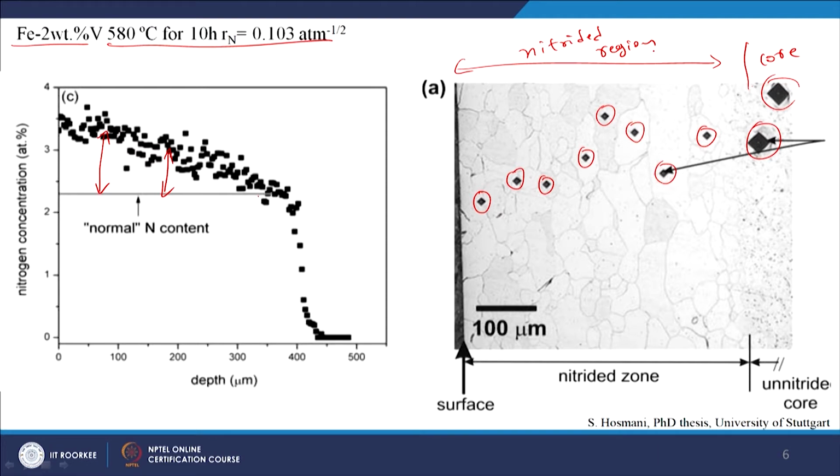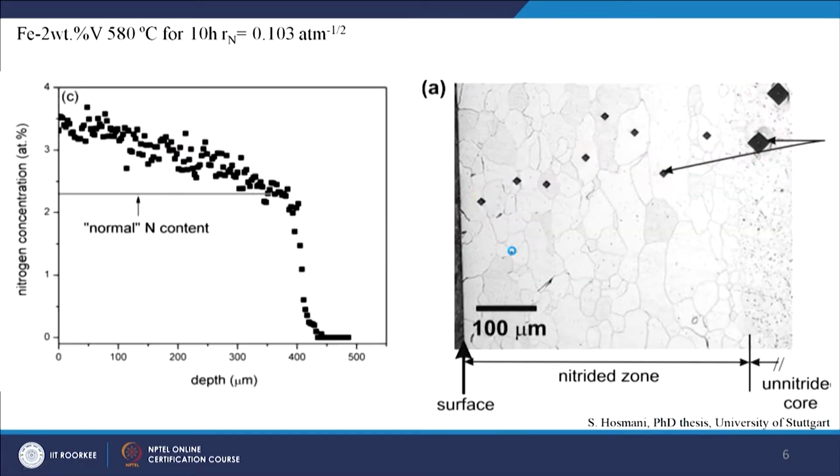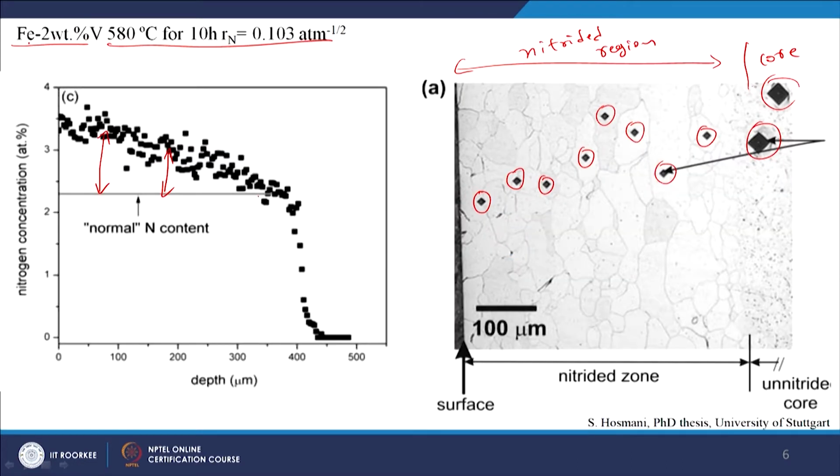As we have seen in the previous slide, with 4 weight percent vanadium under the same nitriding conditions, 580 degree Celsius, 10 hours and Rn of 0.1, we have seen the appearance of discontinuously coarsened regions, right. That is where we have a lesser hardness. This is not the case for the same conditions when you have only 2 weight percent vanadium. You see that there are no discontinuously coarsened regions visible at the surface.